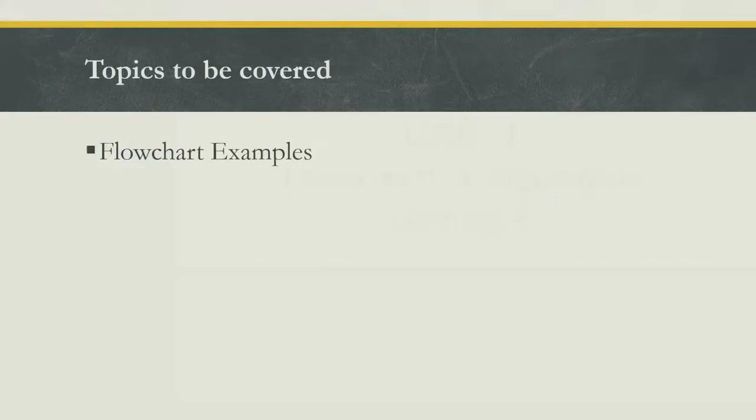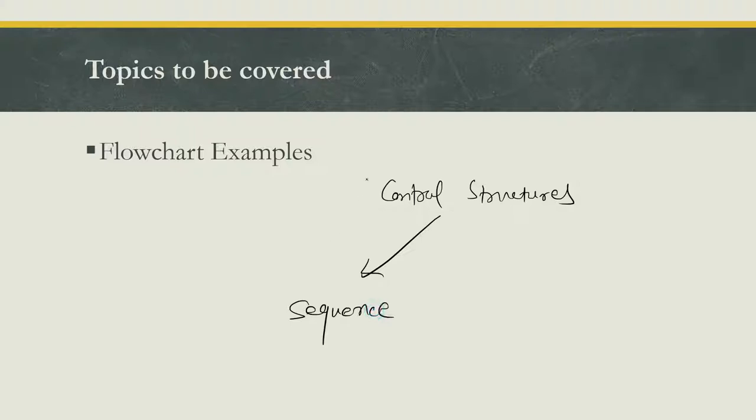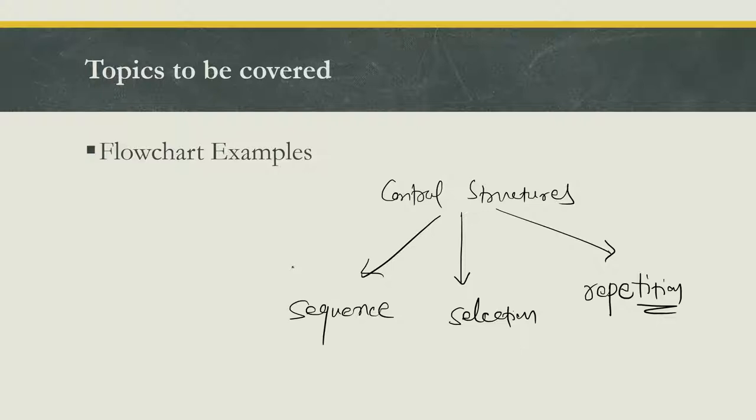And one more thing that I forgot to tell you: flowchart also has three control structures, such as sequence, selection, and repetition, right?